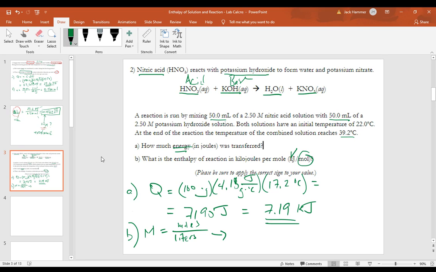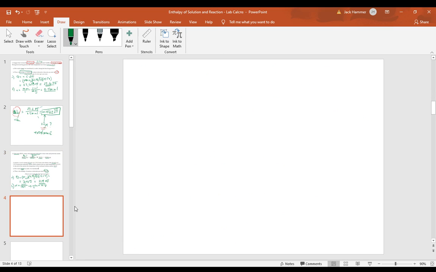And if you simply rearrange that expression, you'll get molarity times liters, which is volume, right? And so that's basically n equals M times V. Okay, so let me go to the next page here. So n moles equals molarity times volume.